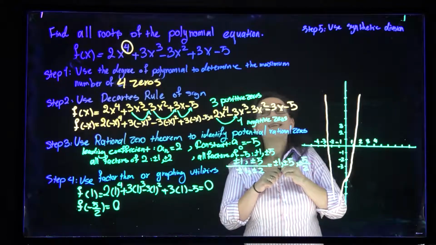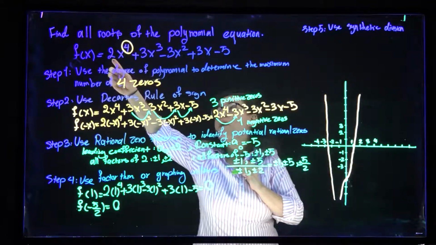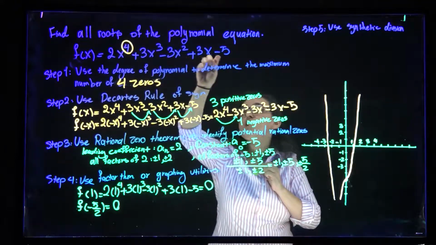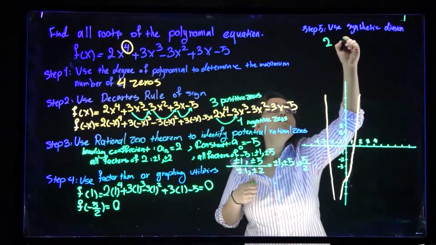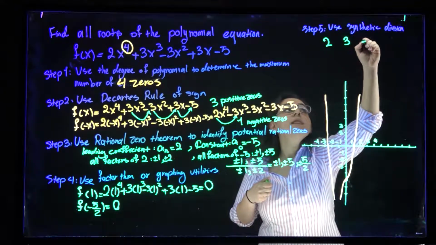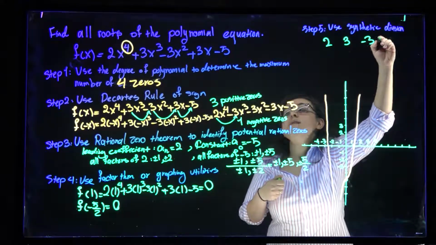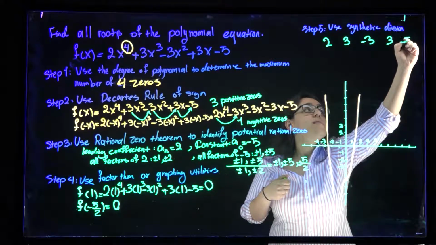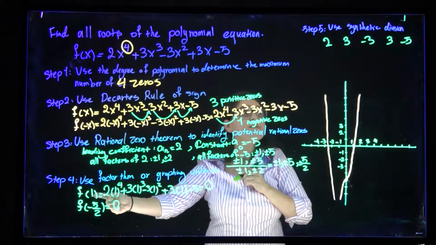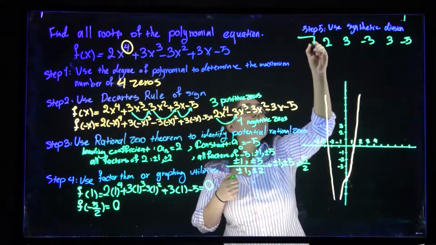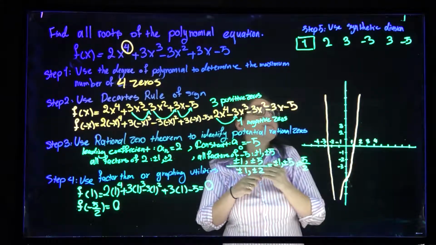So for synthetic division, I'm going to write down all the coefficients in order. So my coefficients are 2, 3, -3, 3, and -5. Then I know one of my zeros is 1, so I'm going to put that 1 in the box here.